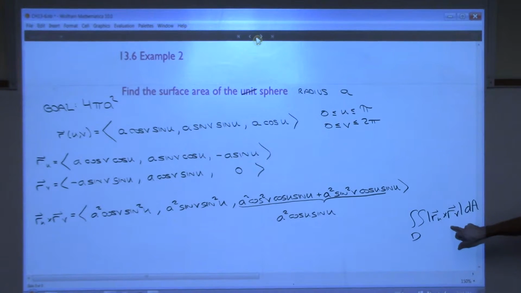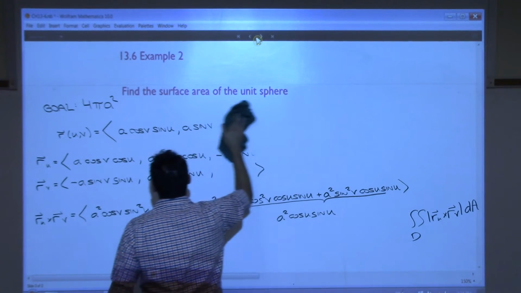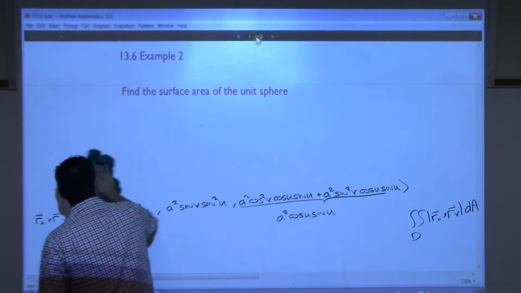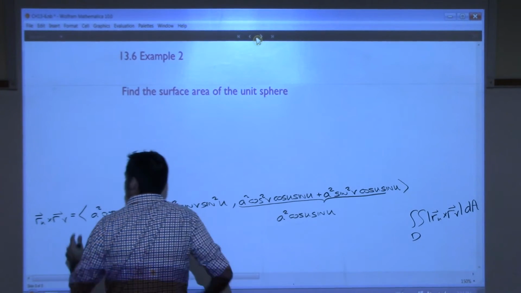Magnitude. The magnitude of a vector is the square root of the square of each of the components. So we have to square each of these components, add them together, take the square root. That may sound bad, but it's not going to be that bad. In fact, it's going to be great when it's all said and done. Things are going to go away.